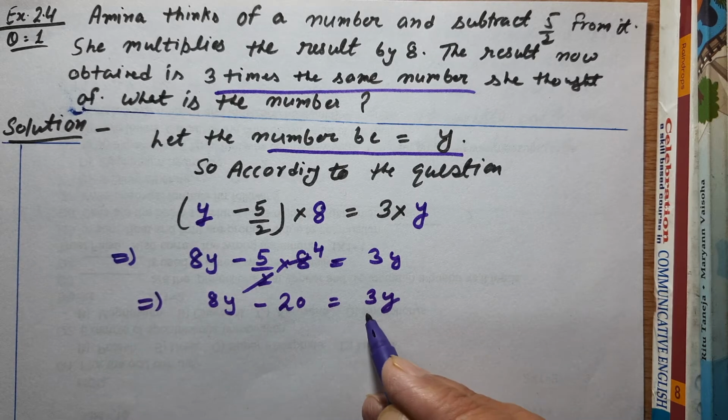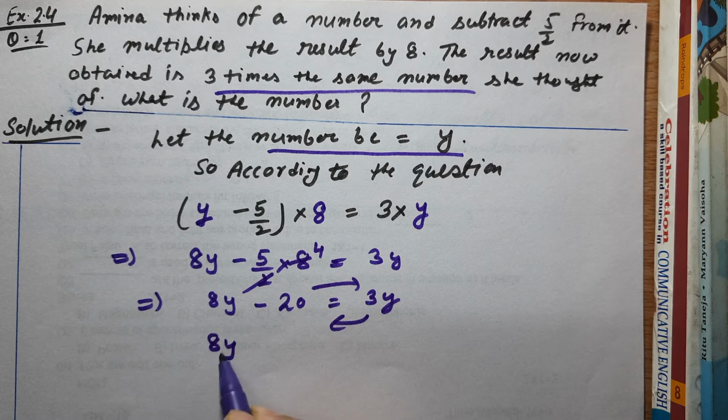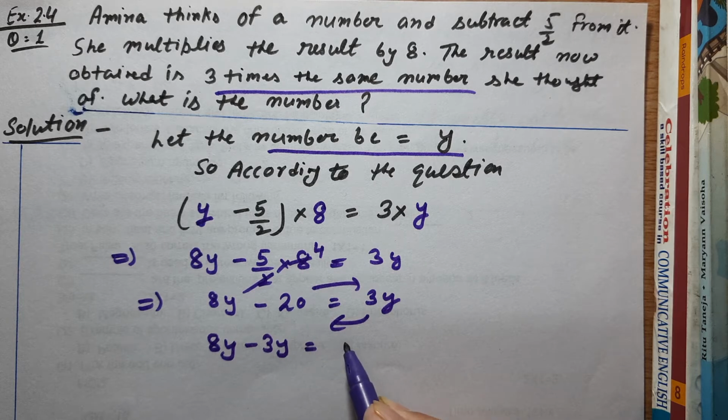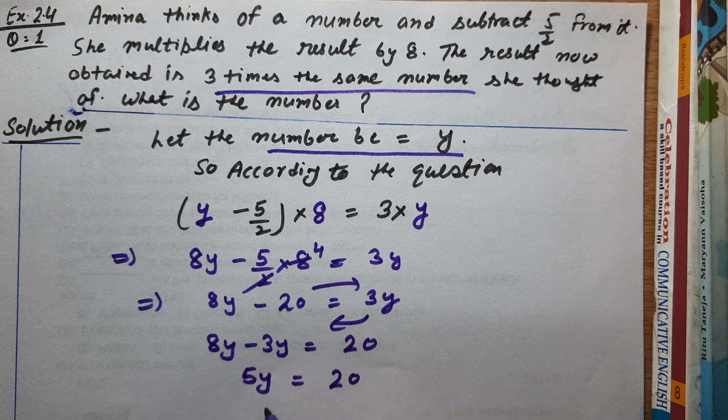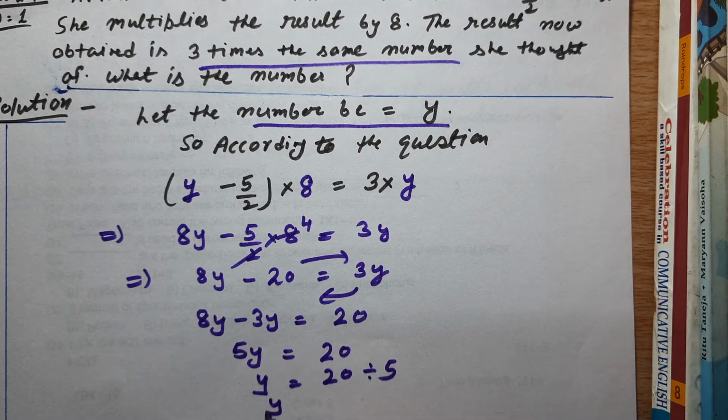Now transposing 3y to the left side and 20 to the right-hand side, the sign will be changed. 8y minus 3y, minus will be changed into plus. 8 minus 3 is 5y. 5y is equal to 20. So y comes out to be 20 divided by 5. So y will be equal to 4.